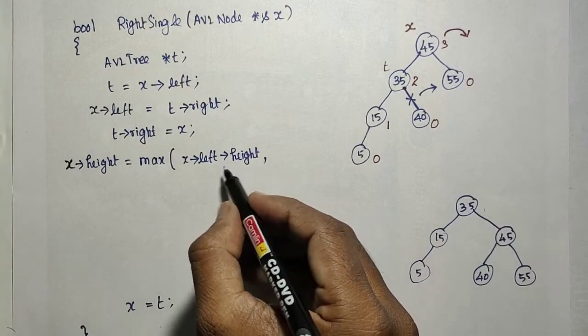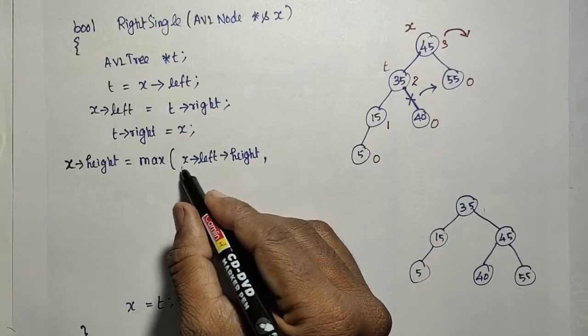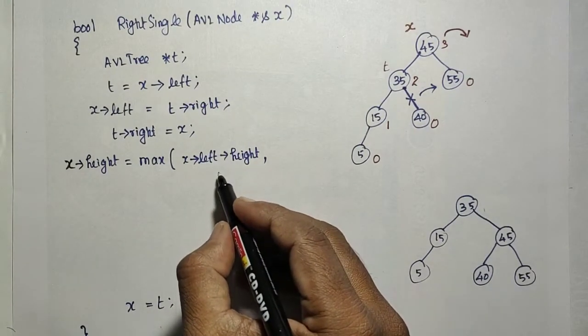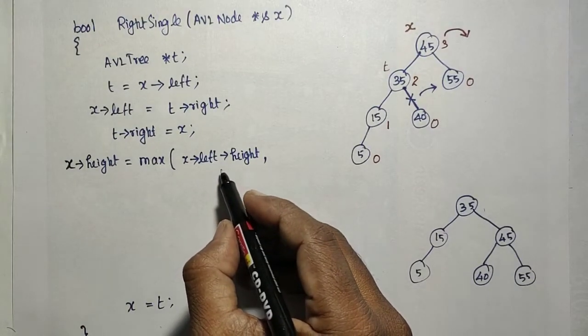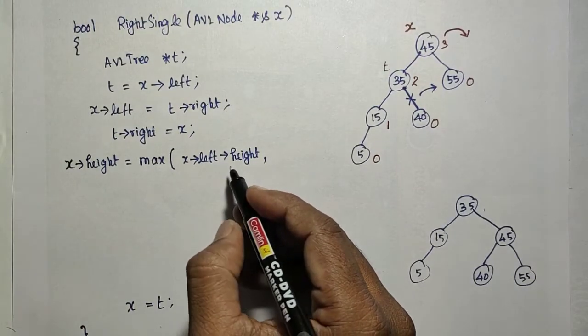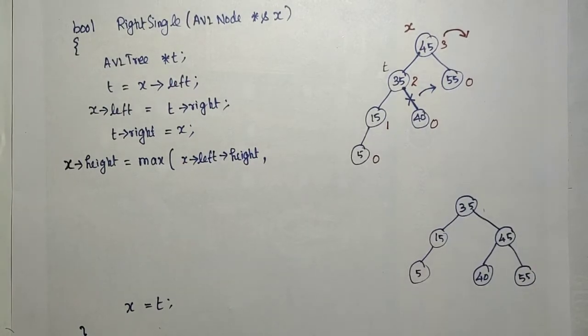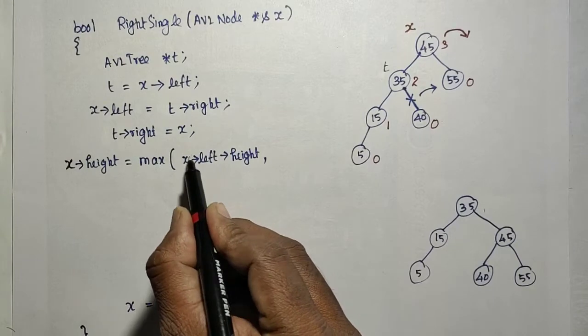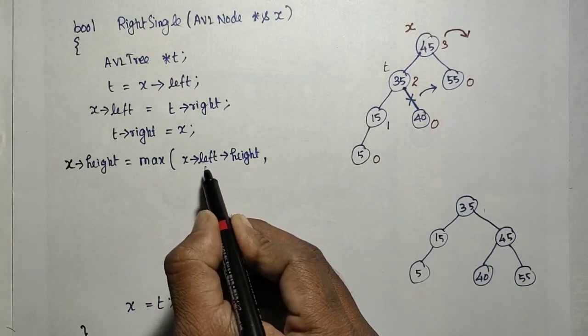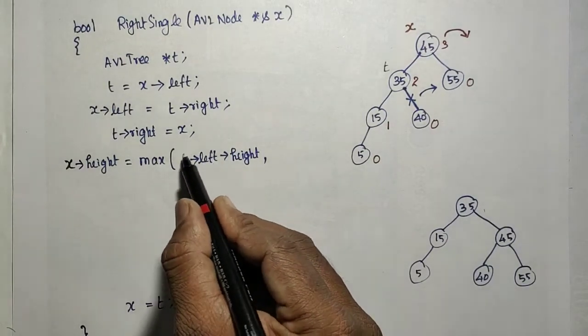But that works only if x of left is a valid node. If x of left is a valid node, the height will be returned here.